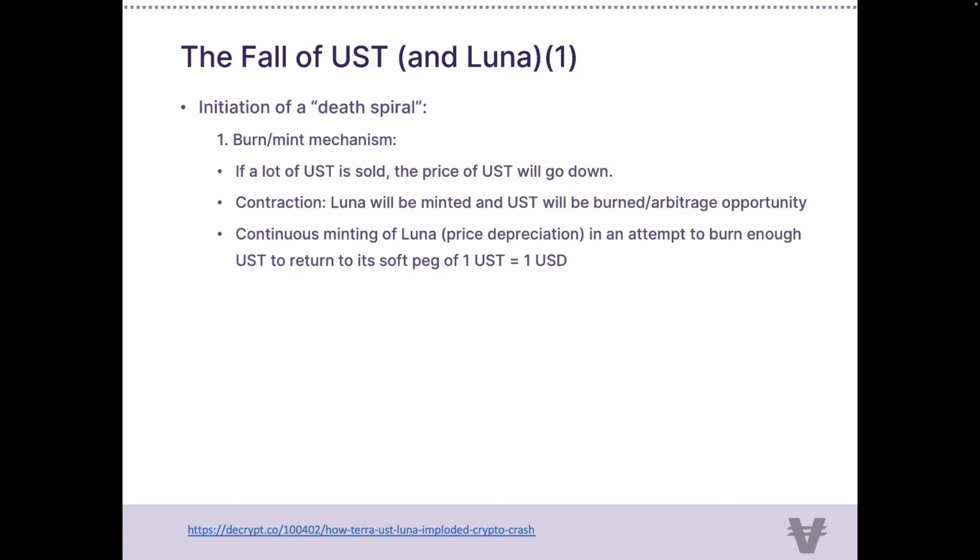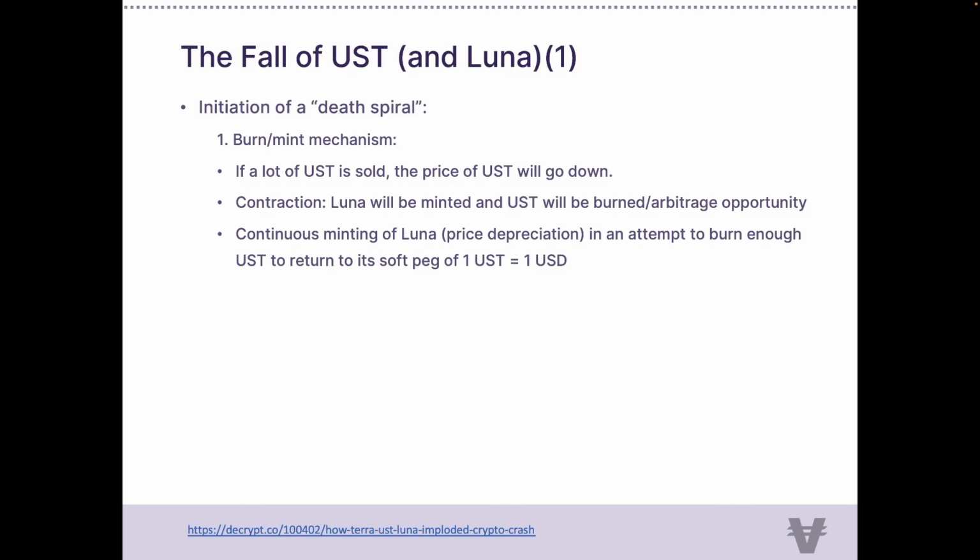And the first reason is the burn and minting mechanism that we just discussed. I wanted to focus on the contraction part. If a lot of USD is sold, the price of USD will go down. So then contraction happens, Luna will be minted, and you might remember that there was so much Luna minted that eventually you had a supply of billions.